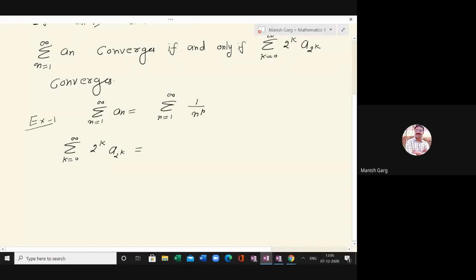So first, what is a_n? a_n is 1 over n^p. a_n is greater than or equal to 0 for all n, and a_n is decreasing.